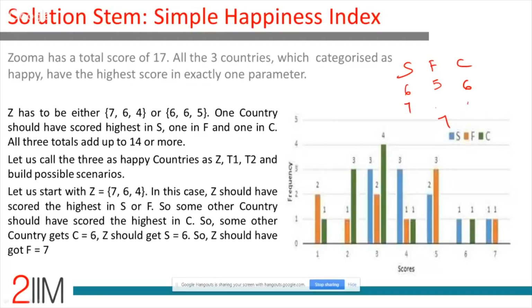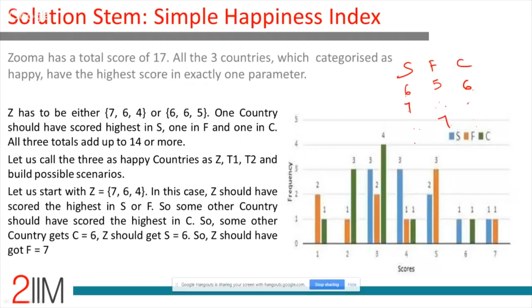Green 6 and F4, orange 4, that is possible. Or a blue 6 and an orange 4. Sorry, blue 6 and a green 4. That's also possible. Both are possible. Fine. So Zuma having 17 could be a 6 5 6 or a 7 dash dash dash 7 dash.